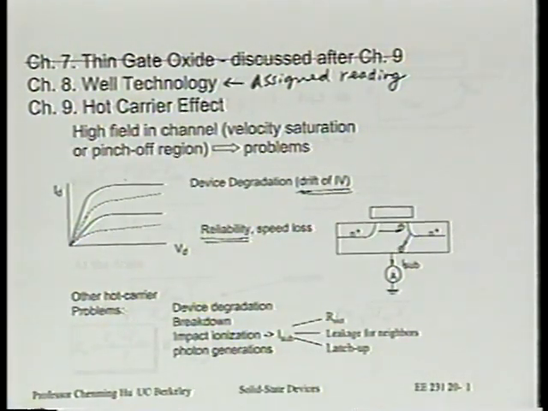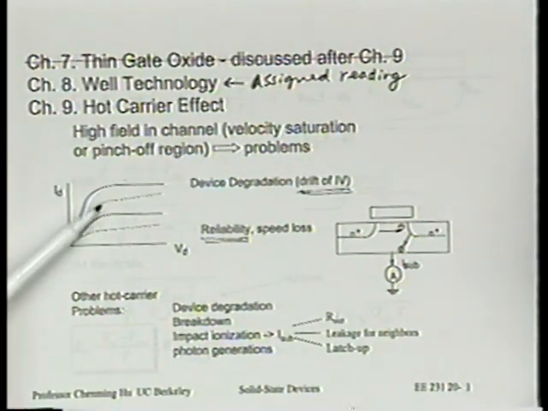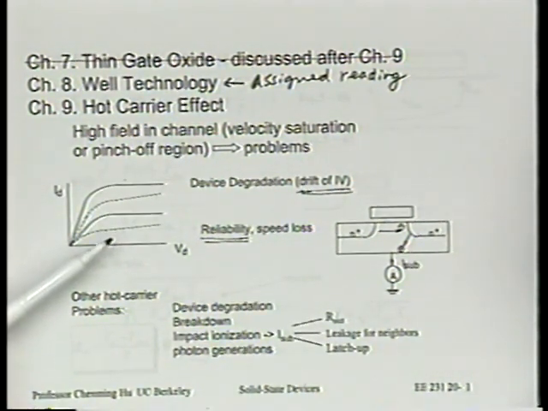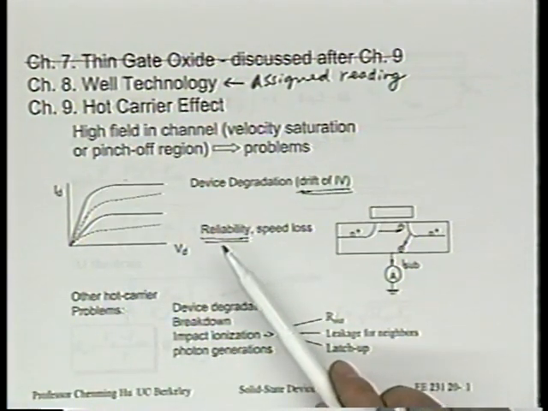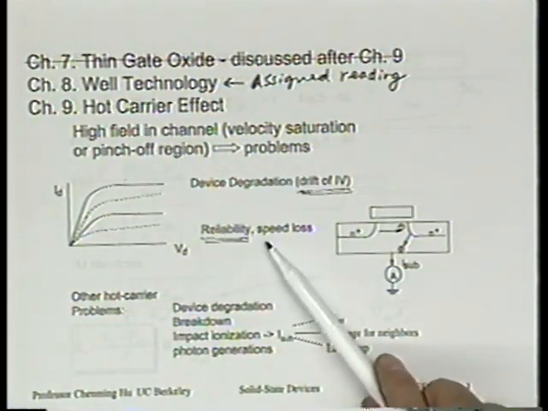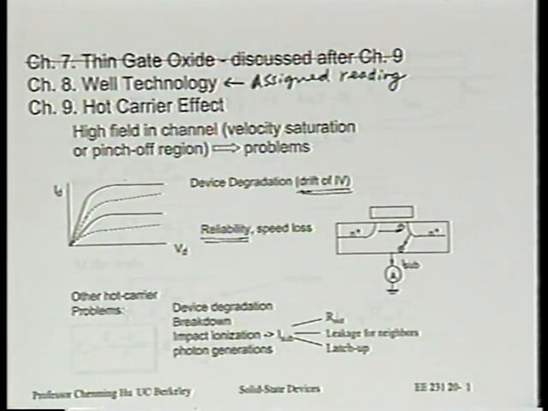And then the customer builds it around all the other parts chosen to meet the spec and sells the computer for that speed. And if the transistor drifts, as indicated in this diagram, then the circuit will no longer function at 1 gigahertz. Is that right? Yeah? And that's a reliability problem. Okay? All right. So it's a speed loss. That's basically the concern.